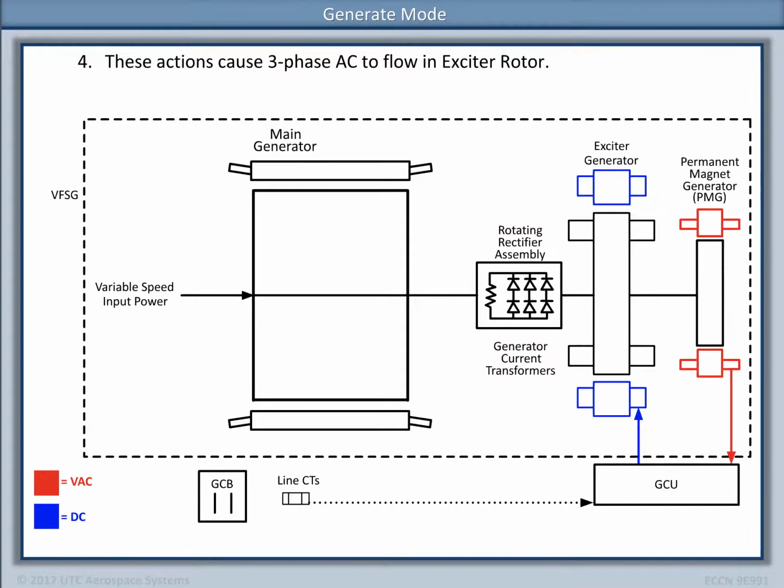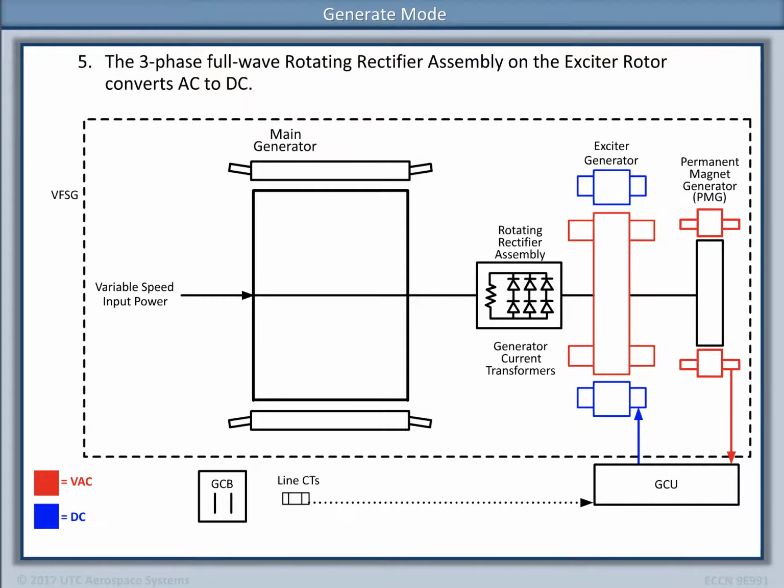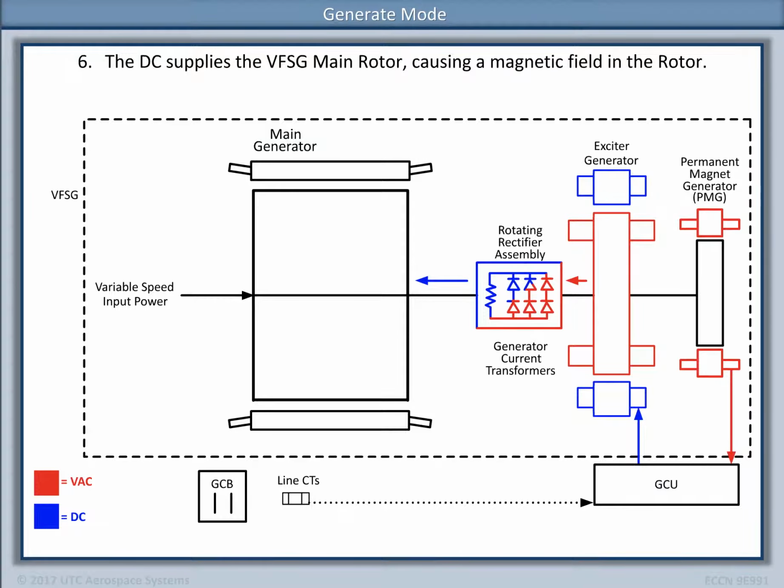4. These actions cause 3-phase AC to flow in the exciter rotor. 5. The 3-phase full-wave rotating rectifier assembly on the exciter rotor converts the AC to DC. 6. The DC supplies the VFSG main rotor, causing a magnetic field in the rotor. 7.